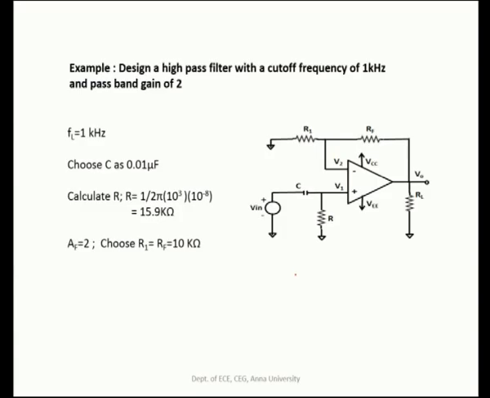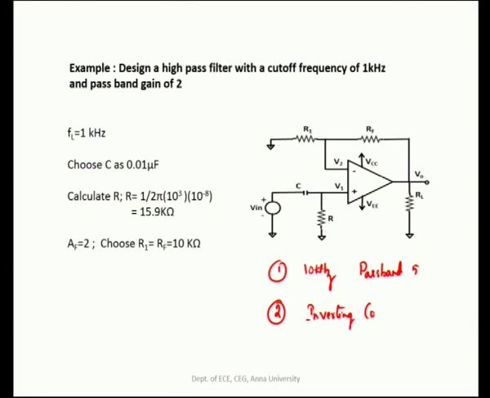To test your understanding, try to answer the following questions. The first question is, design the filter now with a cutoff frequency of 10 kilohertz and use a passband gain of 5. So, this is question 1, and question 2 is, the configuration that we have used is non-inverting configuration.